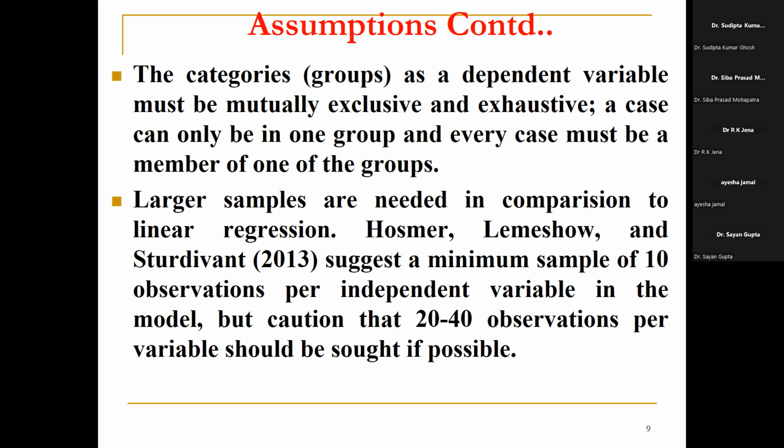But if you have more than that, it is good, because with a large sample size the probability of classifying into groups will be more clear. So per independent variable, suppose you have 5 independent variables, you must have at least 100 to 150 samples.